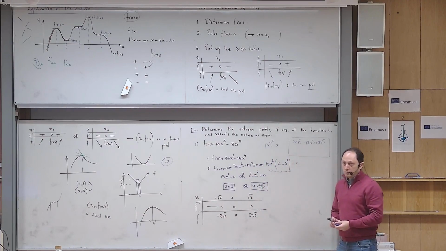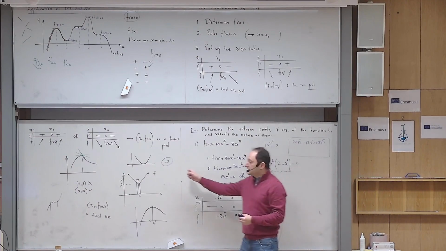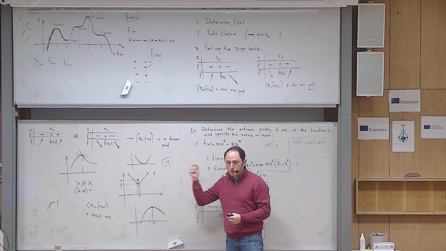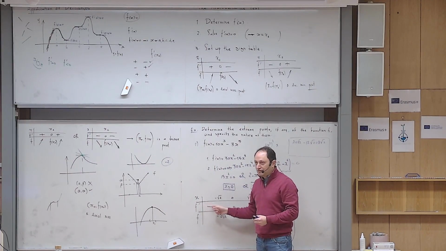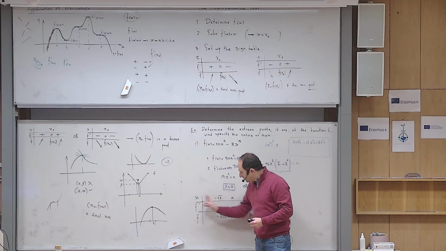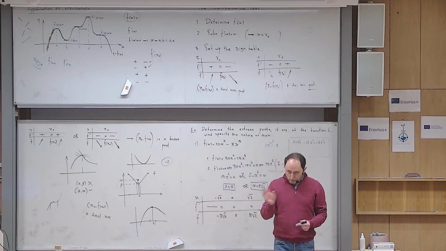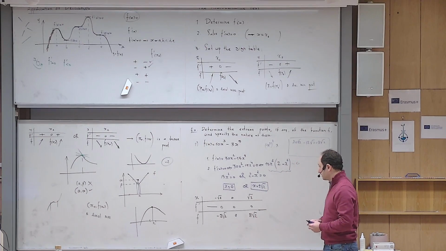Yes? But it's a claim there, because I just checked it for minus 2. Minus 2 is one single number, but I am claiming, don't worry, it will be negative at every number less than minus 2. If you want, I can explain that, but let us take it for granted for the time being.